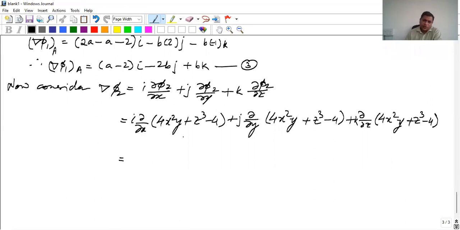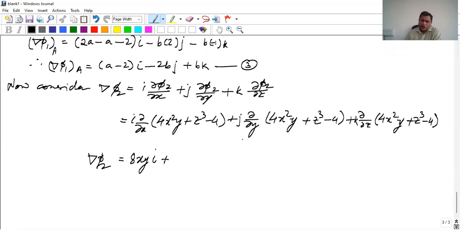Let us find the derivative with respect to x. What will it be? It is 8xy i, because the derivative of the other two terms is going to be 0. We consider the derivative of this term only, and the derivative of x square is 2x. Are you getting this term? Yes, sir.